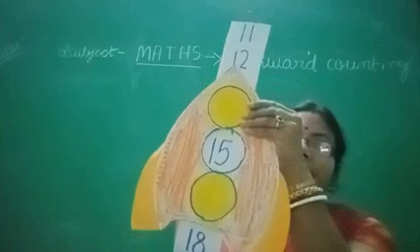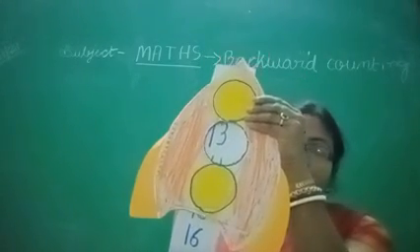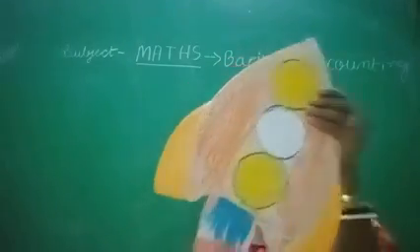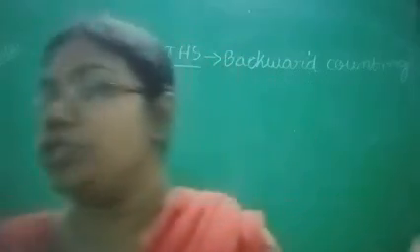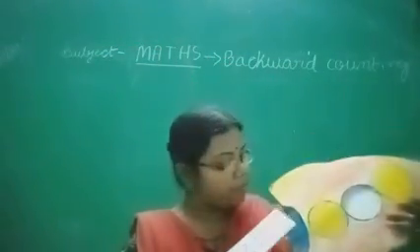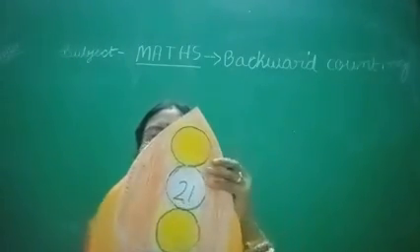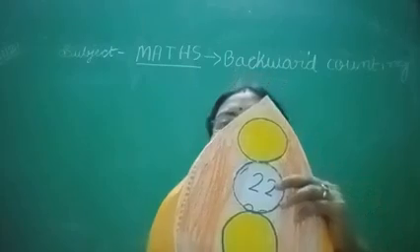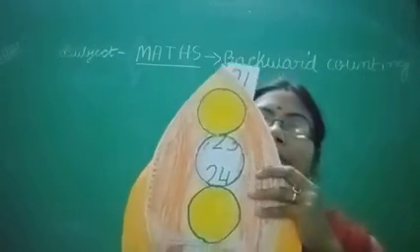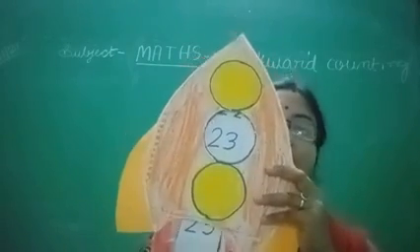Then it is going to be 15, 14, 13, 12, 11. We have counted till 20. After 20, again we will go up. It's 21, 22, 23, going up. So we are counting the numbers forwardly.